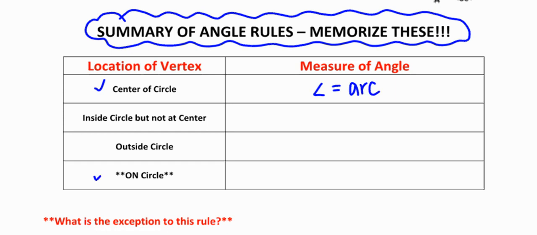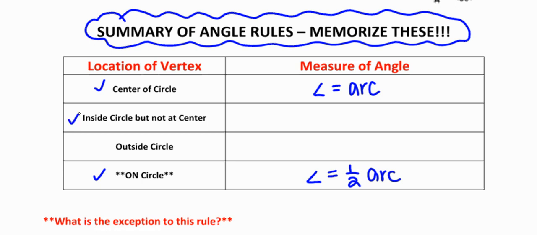When the vertex was on the circle, this is similar to the rule that we learned yesterday with respect to the inscribed angle. The degree measure of the angle is equal to half the degree measure of the intercepted arc. There is an exception to that rule, which we're going to talk about the next time that you come back to class.